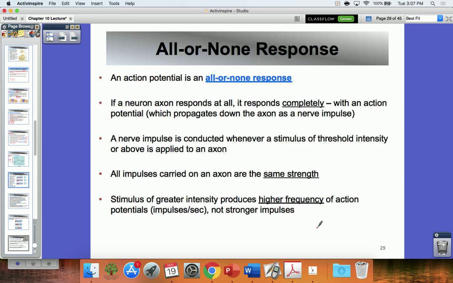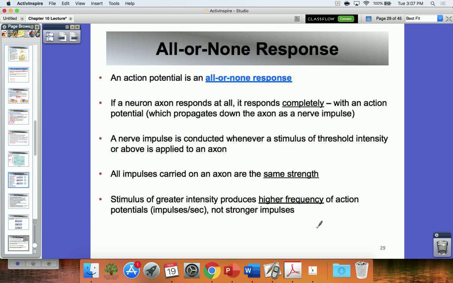Okay? A thing about neurons is that if it reaches the threshold, it's going to respond or it won't respond. It's going to have a complete action potential or it won't. That's what the all or none response is. If it gets its threshold and it responds, it's going to respond completely all the way down the axon, or it won't respond at all.